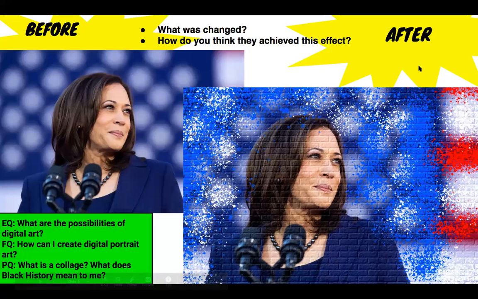Yeah, so it looks like there's a brick wall. Also looks like a painting, yes. American colors splattered on it, yep. Spray painted, awesome. So I did 3 steps actually.